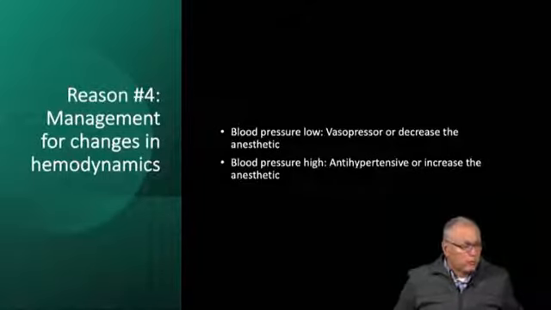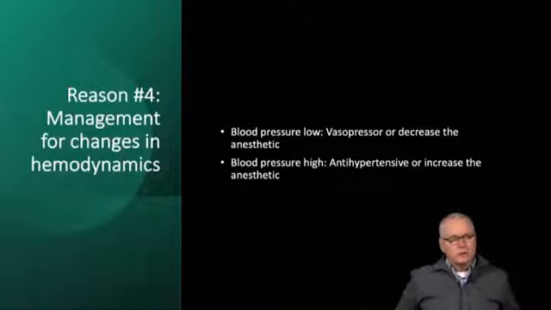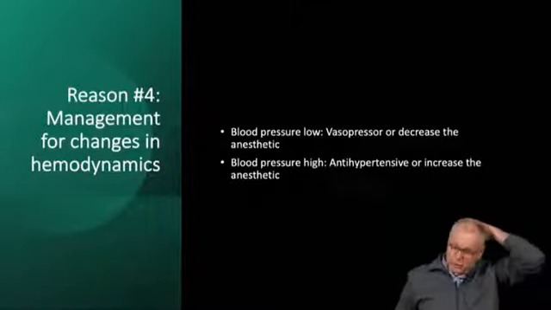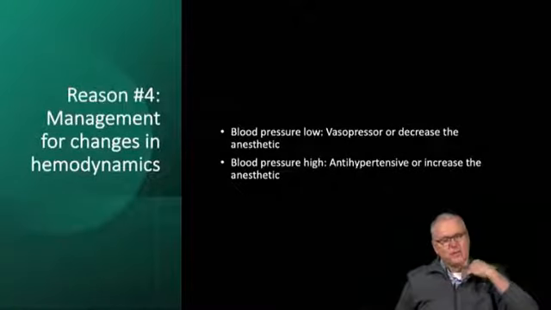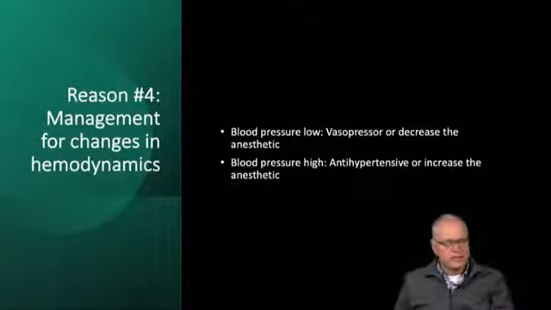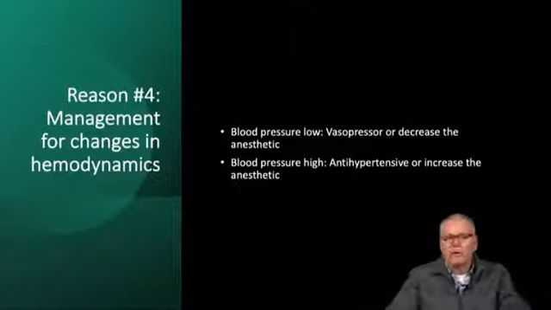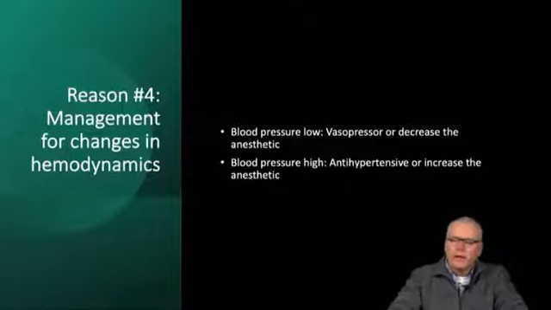If you're able to monitor the brain, you can discriminate between these 2, and that might drive how you would take care of it. For example, if the pressure is low and the processed EEG index is normal, say a BIS of 45, you may not turn down the anesthesia, but reach for a vasoactive agent instead.